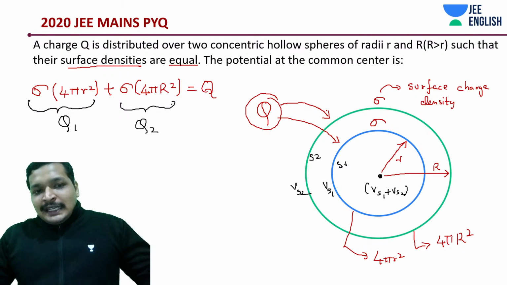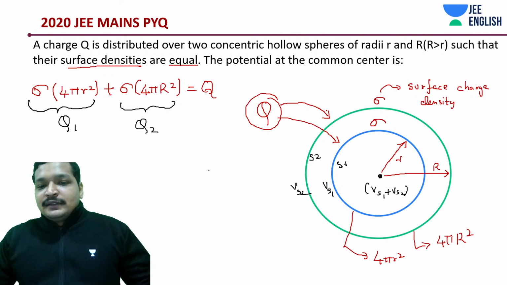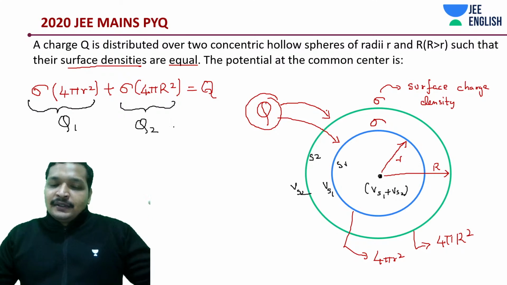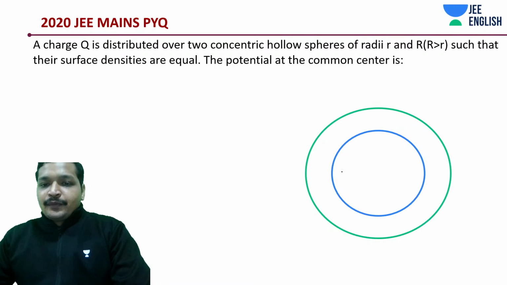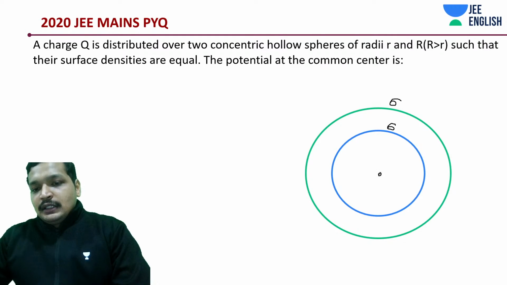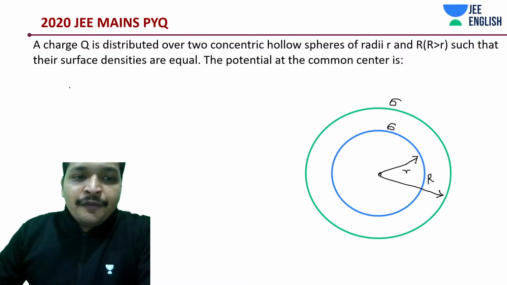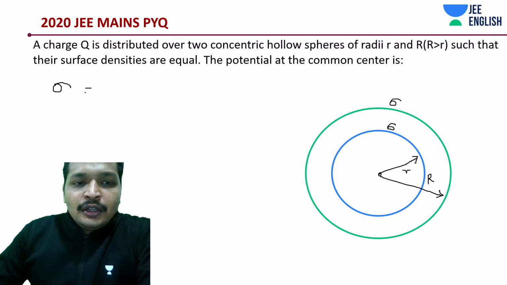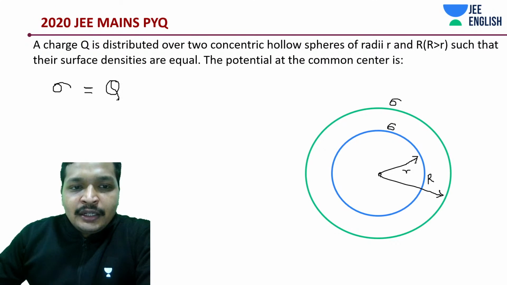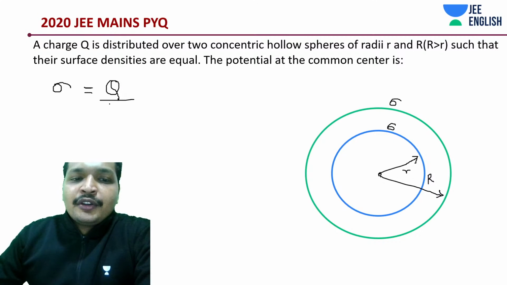Now, sigma is what? Take sigma out as common in both. Okay, let's do that calculation directly. Sigma, radius small r, radius capital R. I'm just going to write down the value. What I'm doing is I'm just saying this Q has been distributed uniformly.